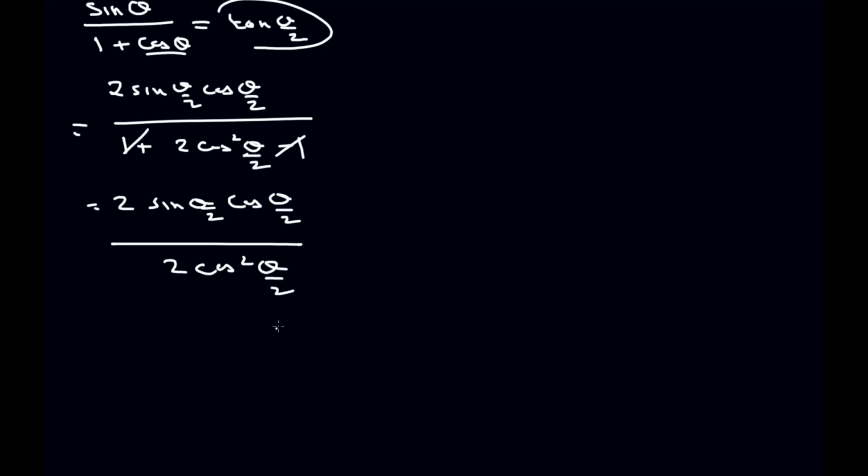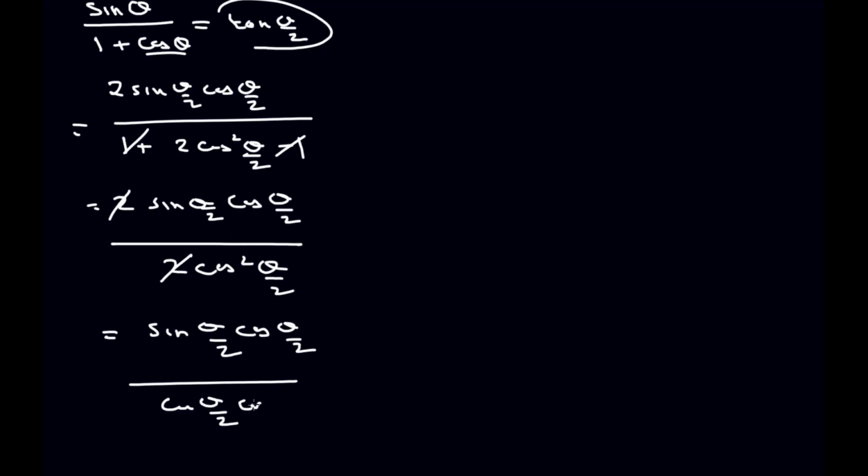This is a half angle, okay? So here we're going to cancel that. Then I'll continue here and say sine theta over 2, then cos theta over 2. Here we've got the square, so we'll have cos theta over 2 cos theta over 2, right? So we're going to cancel this and cancel that.